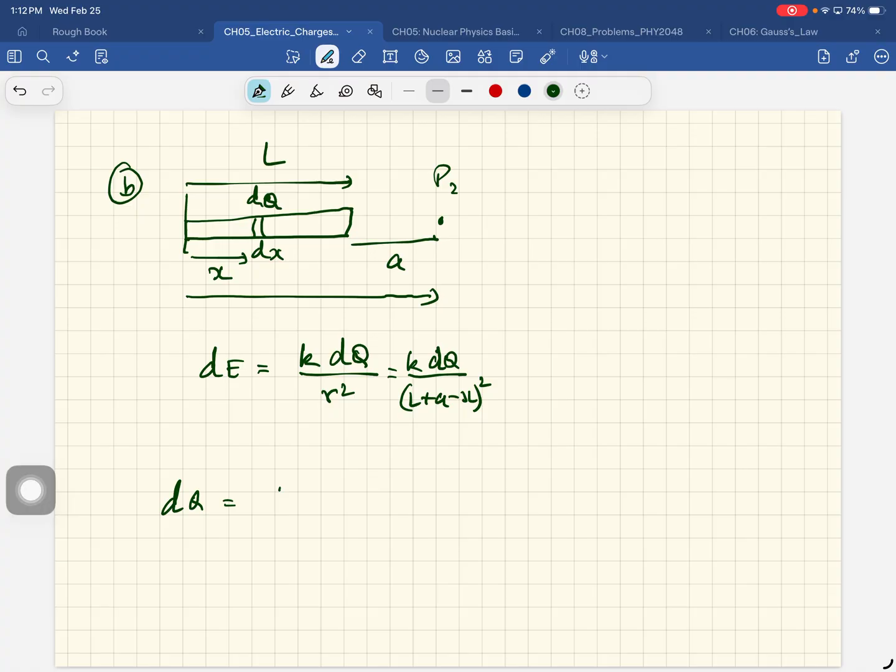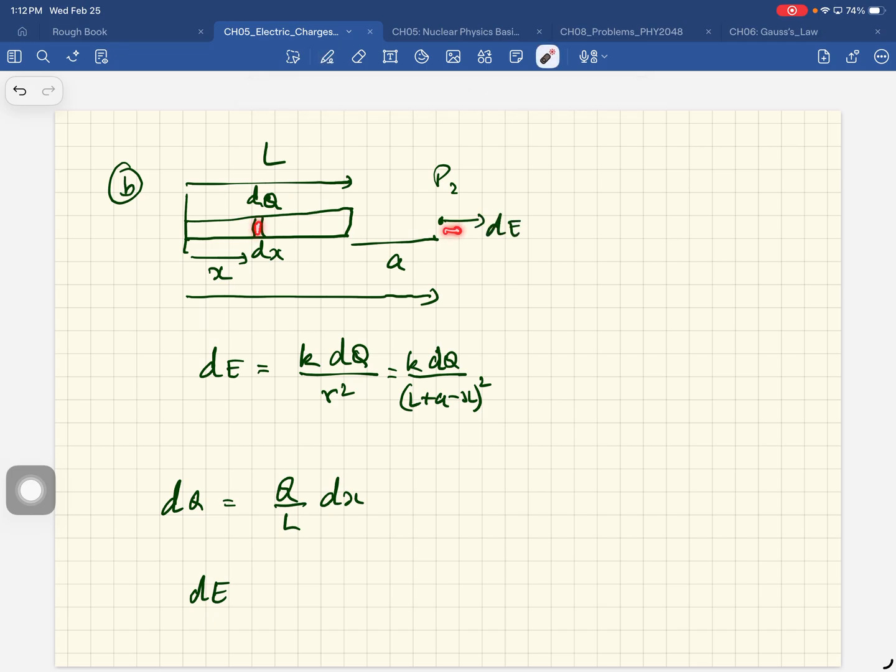KQ by L are constant, so we have dx over L plus A minus X squared from 0 to L. The integral of this is 1 over L plus A minus X. You can see this because the derivative of this would be 1 over this squared, and then you would get a minus 1, so this is the integral of that.